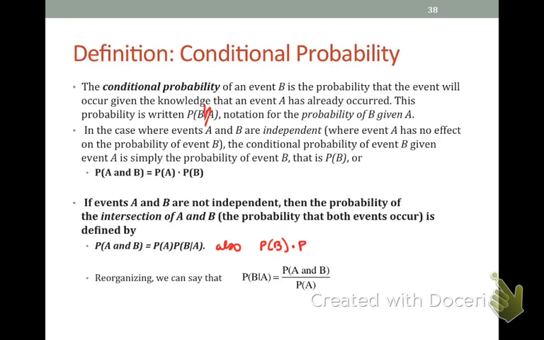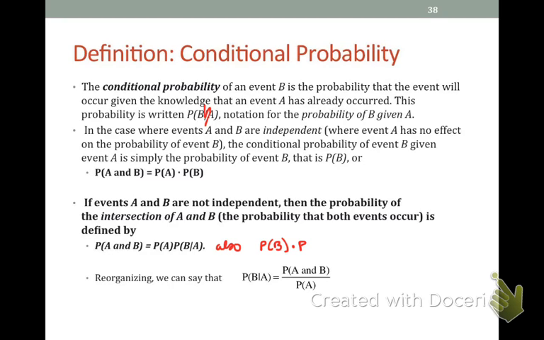So in terms of your homework assignment yesterday, the probability of pulling a jack and then a queen is the probability of pulling a jack times the probability of pulling a queen given that you've already pulled a jack. This is just confusing nomenclature that means what you already know intuitively.